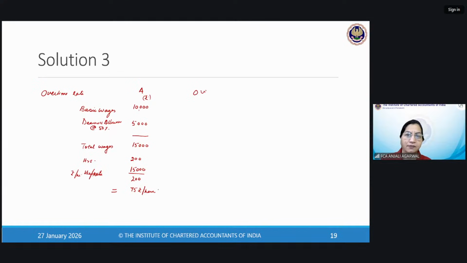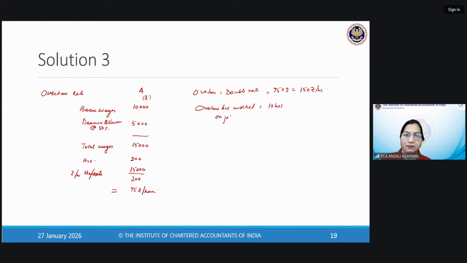Overtime rate is at the double rate. So overtime will be paid at the rate of 75 into 2, that is equal to 150 rupee per hour. Overtime hours worked, 10 hours.